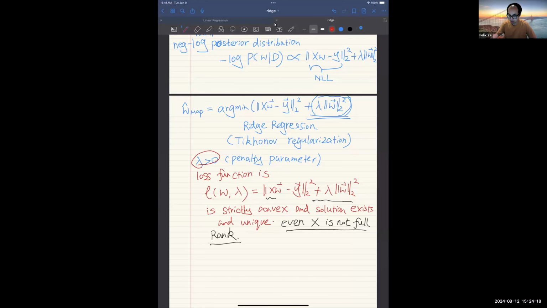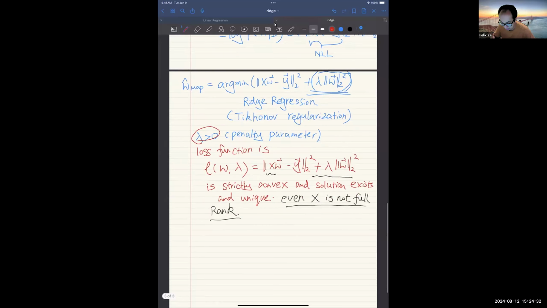That means we can always add a tiny bit of lambda to ensure the solution exists and is unique. This also can help you regularize the solution a little bit more.